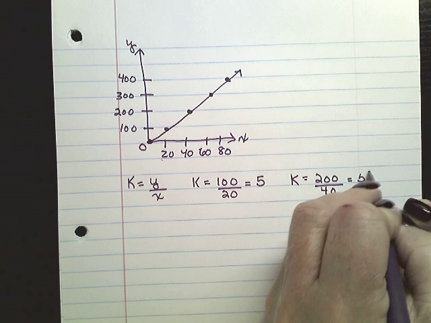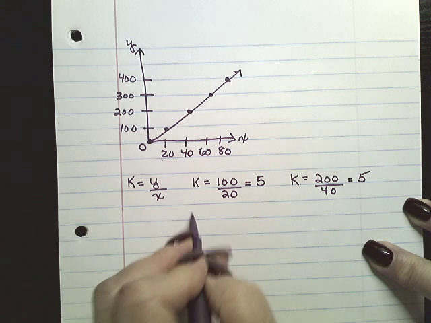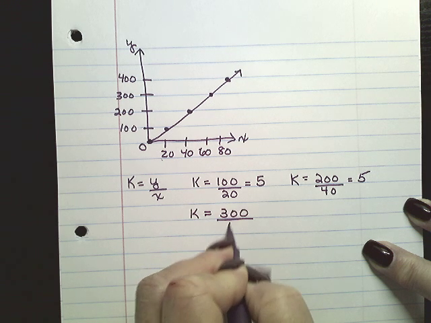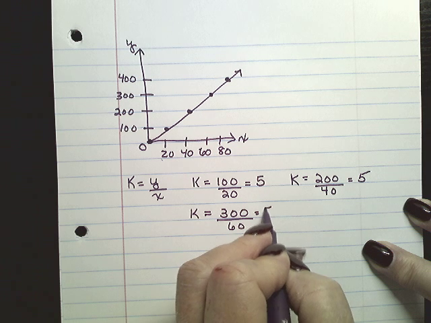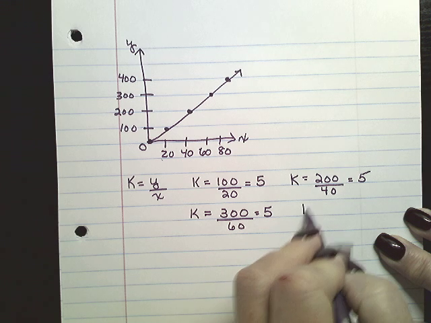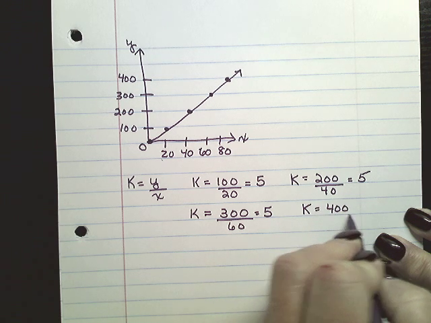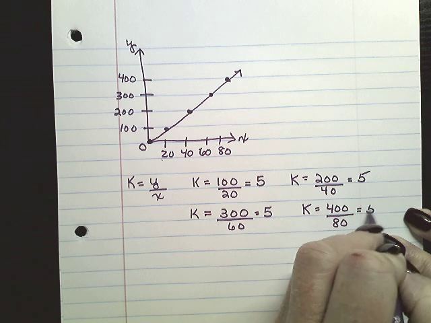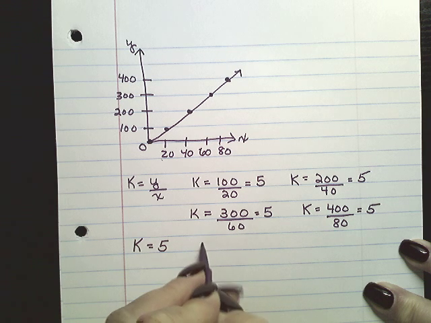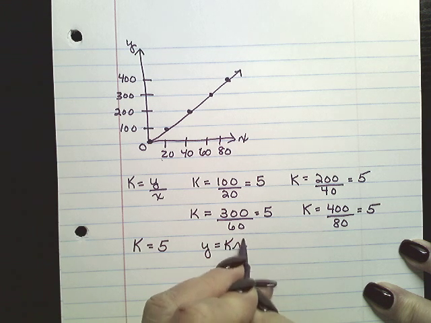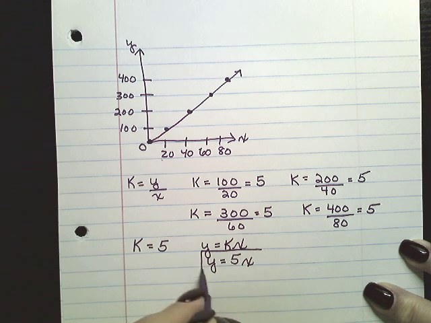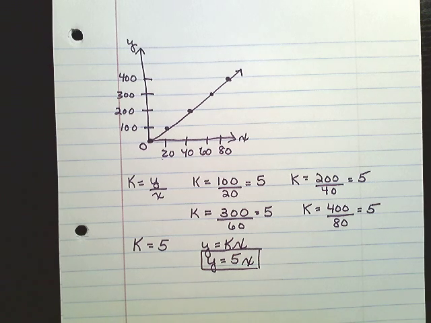When I divide those, my unit rate is 5. k is equal to 300 over 60. When I divide, I get 5 over 1, which is 5. And then the last one would be 400 over 80, which is also equal to 5. So k is equal to 5, y equals kx, y equals 5x. That would be the equation for that graph. That graph is proportional.